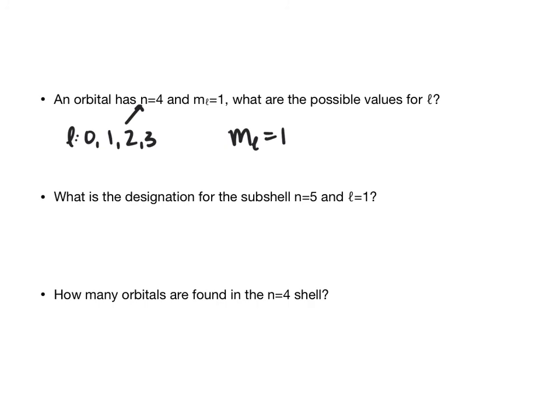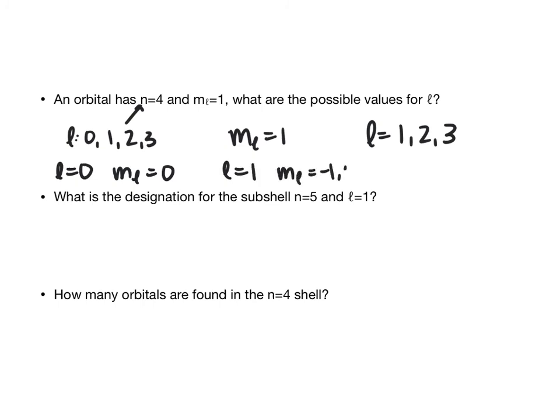So that tells us that the allowed values for L are going to be 1, 2, and 3, because for L equals 0, m sub L only equals 0. For L equals 1, m sub L equals -1, 0, and 1. So the final answer is 1, 2, and 3.